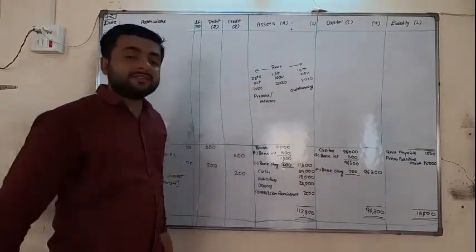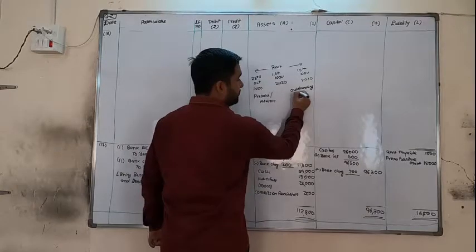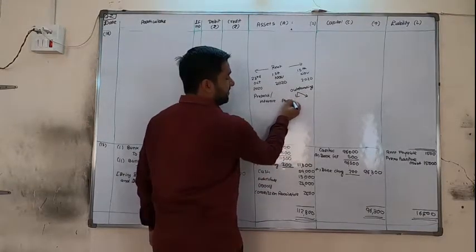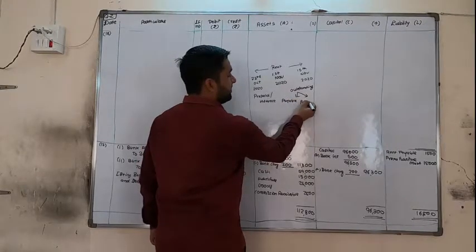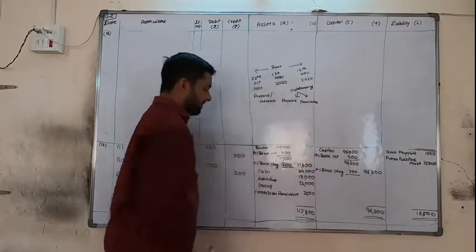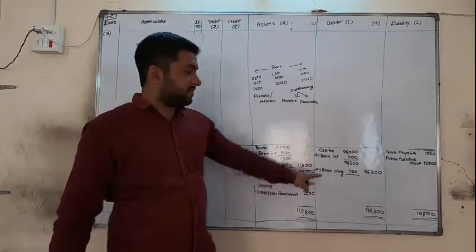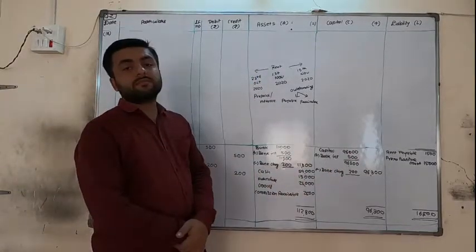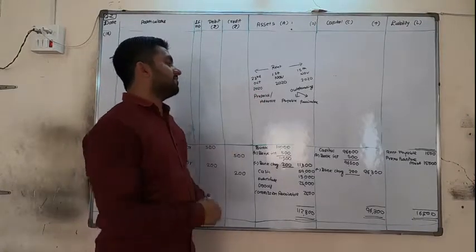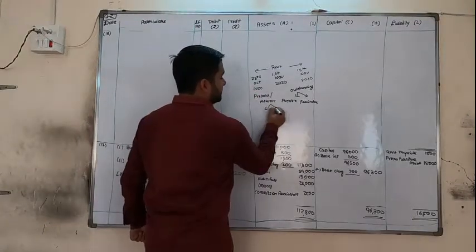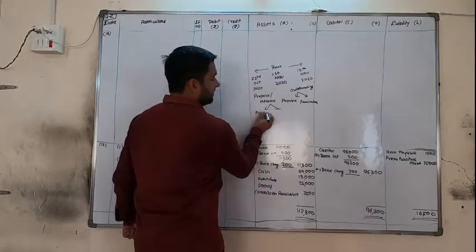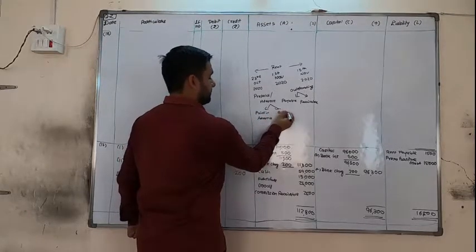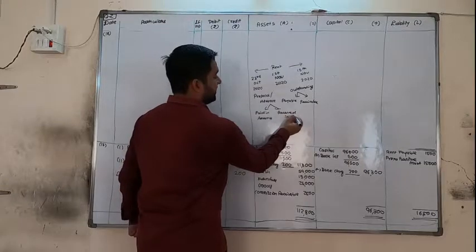outstanding. And this outstanding can be of two types. It can be our payable, it can be our receivable. As you can see here, commission receivable and rent payable. In the same way here also, we can have two types: paid in advance, received in advance.